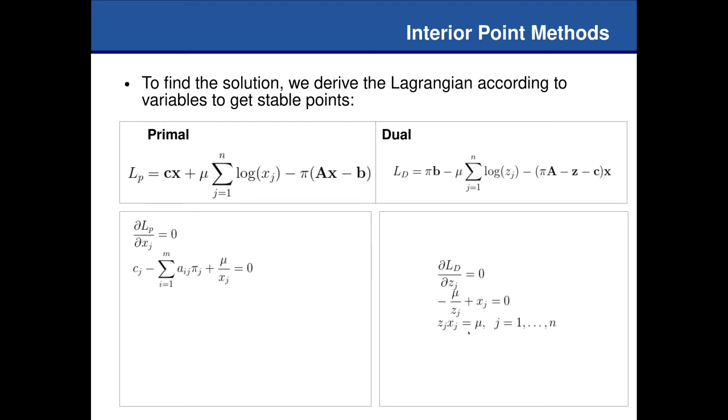You know what's interesting? Please, guys, pause the video here. Go back to the Karush-Kuhn-Tucker conditions. You guys will see that this is exactly our, remember, slack variables times x must be equals 0.